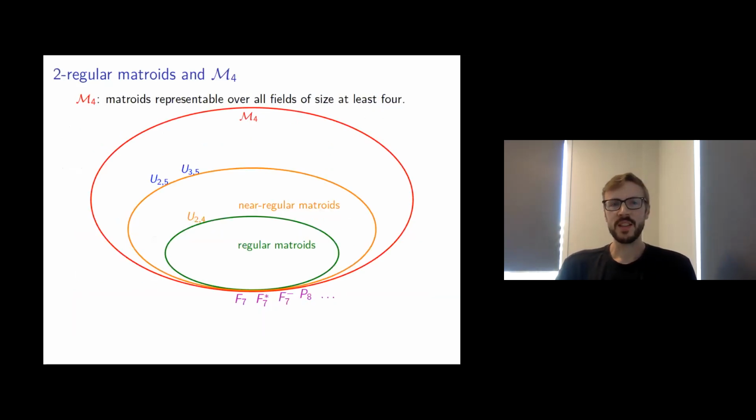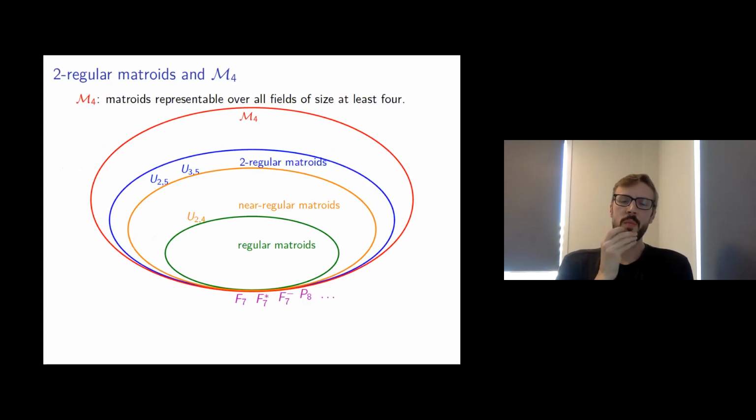Okay, so back to our picture of this hierarchy of matroids representable over all fields of size at least something. We've seen that two regular matroids are an algebraic generalization of these classes of regular and near-regular matroids. But you might initially hope that two regular matroids might give you a characterization for M4.